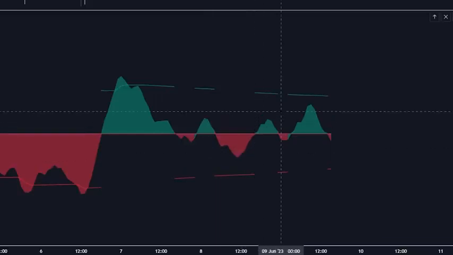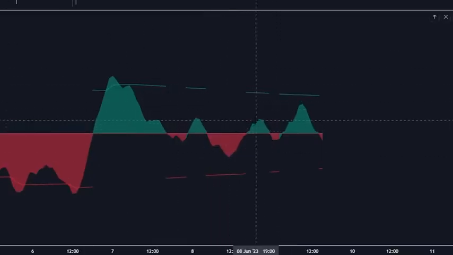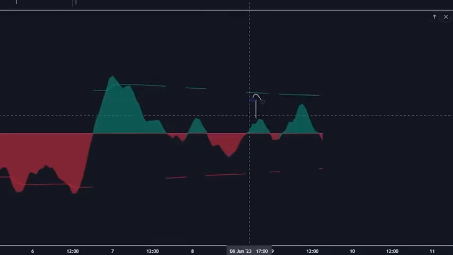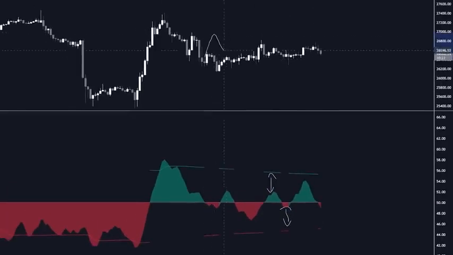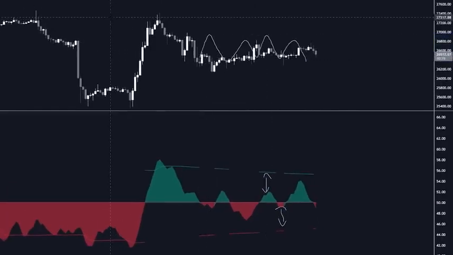If the money flow is actually significantly far away from these thresholds, you can immediately have a good indication that the market is ranging. So this is a super easy way to immediately identify if any market is ranging or trending.